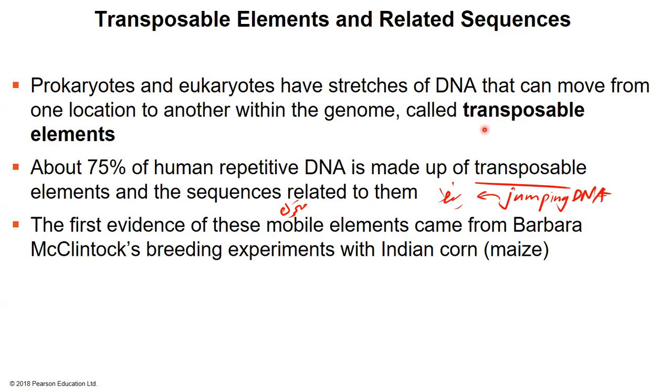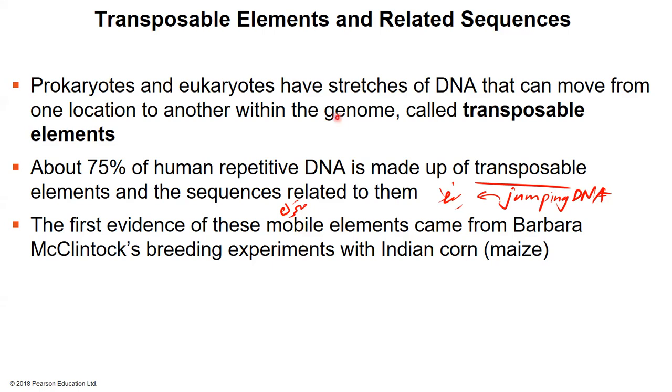Nowadays, we know that they are called transposable elements. They can move from one location within the genome into the genes important for determining the kernel color, so that these genes will be disrupted.